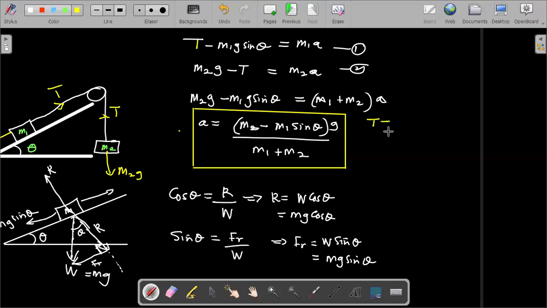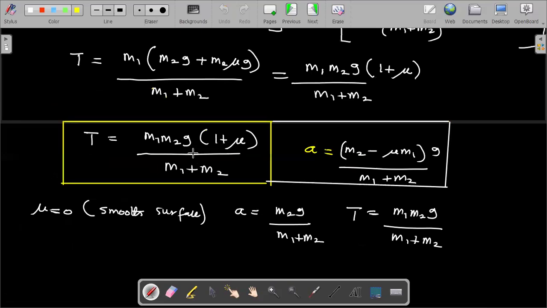The tension is going to be equal to just replacing anywhere we see mu in the previous function with sine theta. This is the one we had earlier. It will be exactly similar, only that in the new case we have sine theta here, but in the former case we have mu here. So we can just simply write our tension as exactly this.